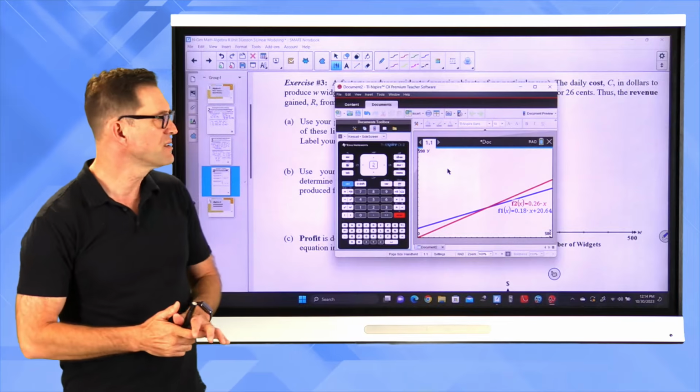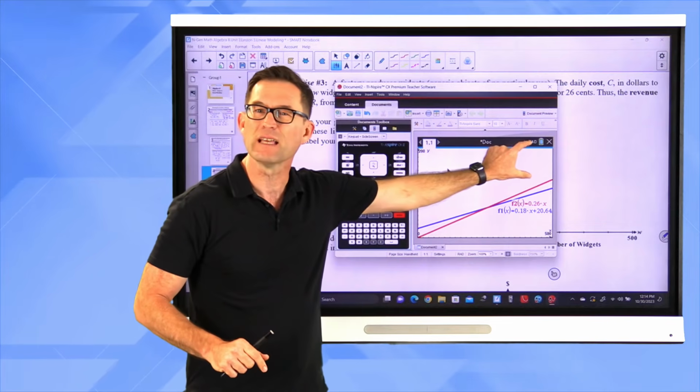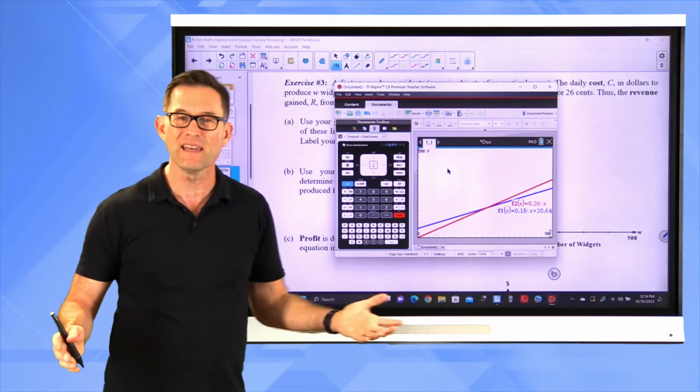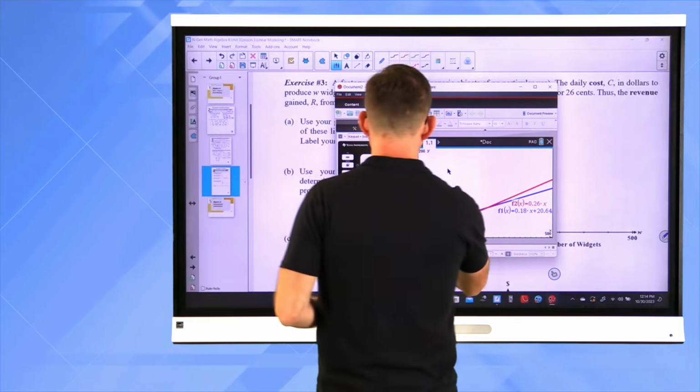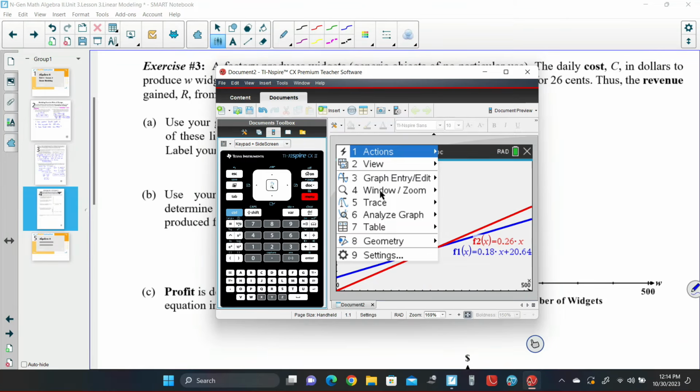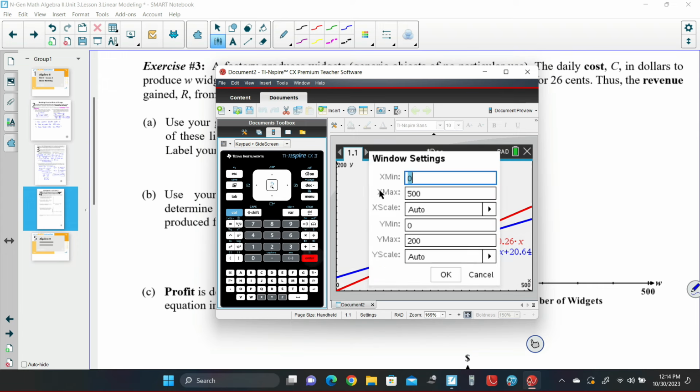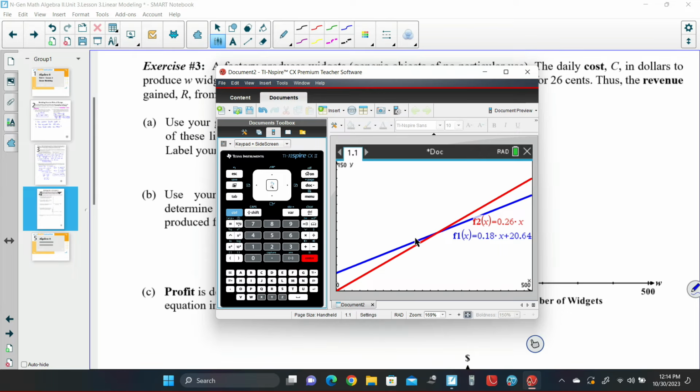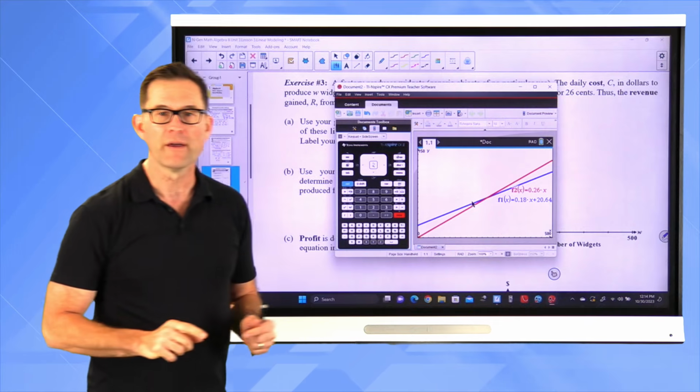You know, there is some space up here that I don't really need. So maybe I'll go back into my window one more time, because I like getting a good window. That's just me. Go all the way down here and maybe set that at 150. Maybe that'll look a little bit better.